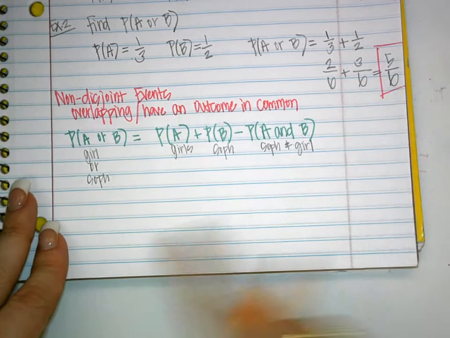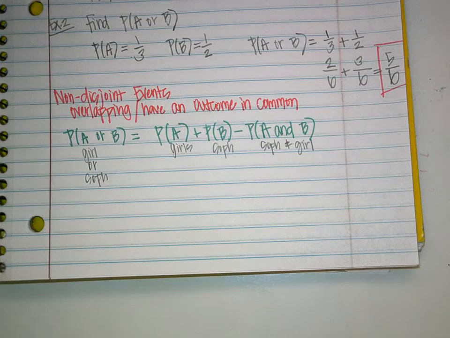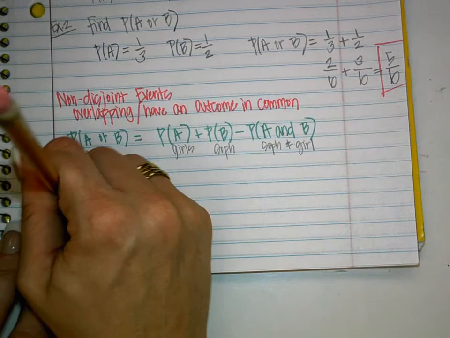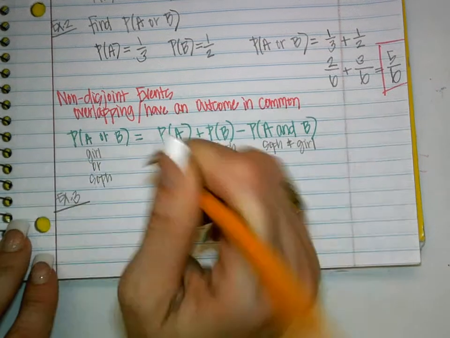This is usually a little bit easier to deal with when we have actual facts instead of just random numbers, but it gives you more of a word problem. All right. So for example number 3, again, I'd like you to find the indicated probability.